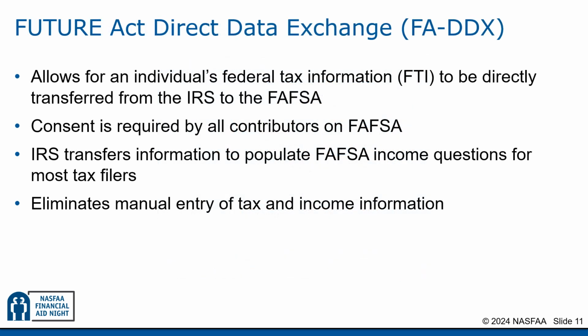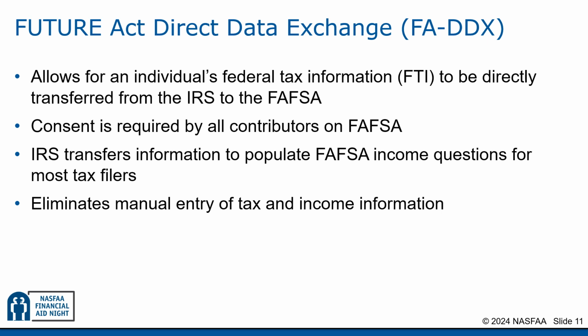One of the recent changes to the online FAFSA form is the direct data exchange with the IRS regarding tax information. What this allows for is individual federal tax info to be directly transferred from the IRS into the online FAFSA form. Consent is required from all contributors on the FAFSA for this information to be directly transferred.